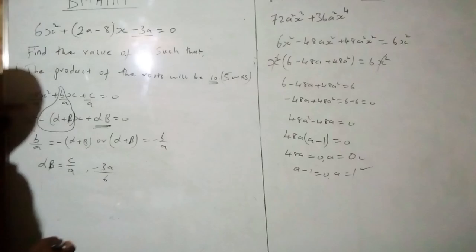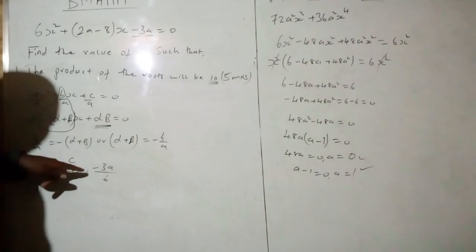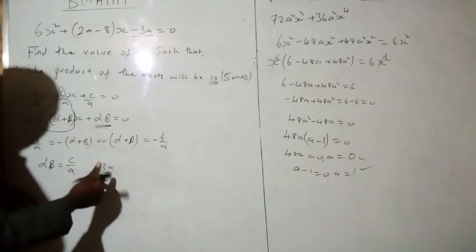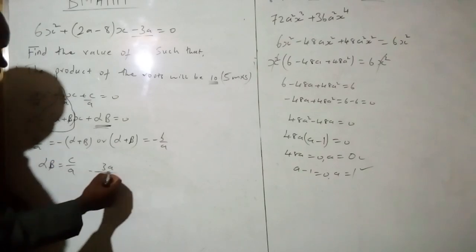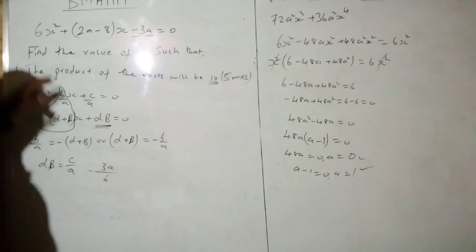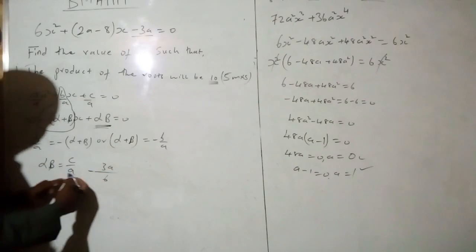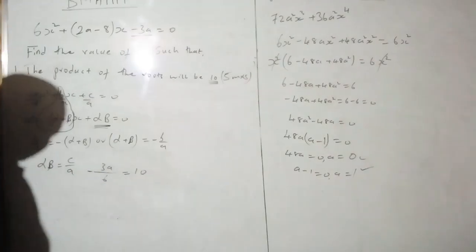We are going to have negative 3a over 6, but we've been told that the product of the roots will be 10. And we are going to have negative 3a over 6 is equal to 10.